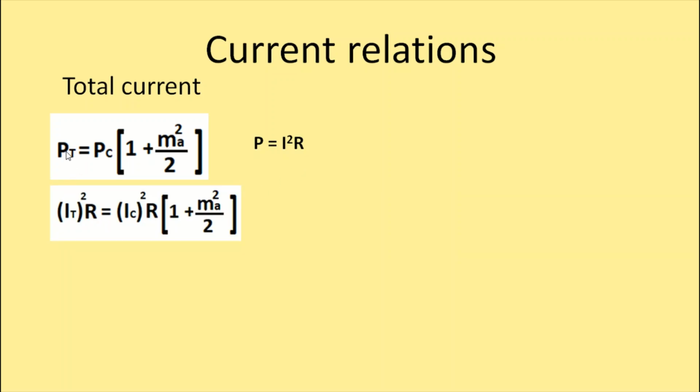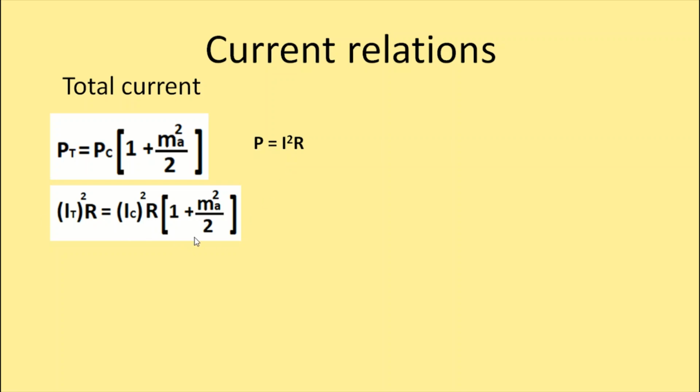So if PT is represented in terms of I and R, I have it as IT square into R. PT is nothing but the total power, so the corresponding total current I am representing as IT. Similarly here, PC is the carrier power and the corresponding current, I am representing it as IC, that is carrier current. And PC in terms of this relation, I have it as IC square into R.